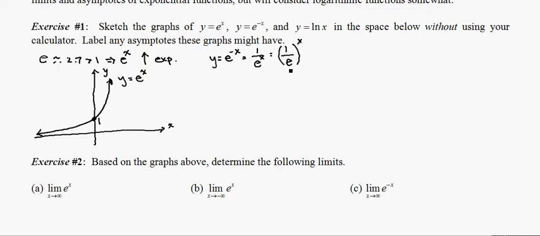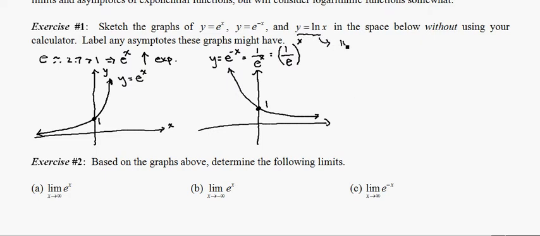And since e is about 3, 1 over e is now a base that is between 0 and 1, so it's a decreasing exponential. It then looks something like this. And again, that point 0, 1.